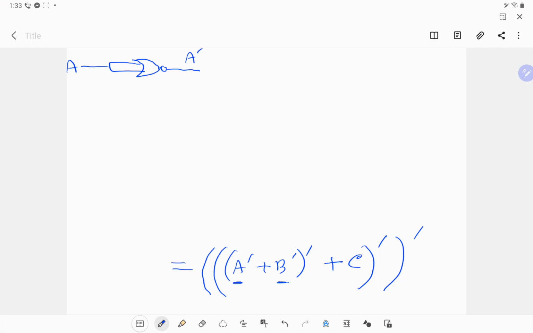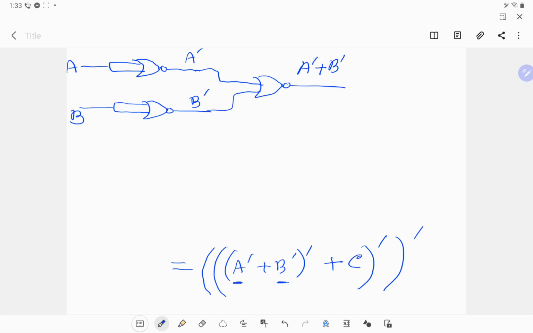Similarly, B prime, with the NOR gate, we have B, then B prime. So now A prime, B prime, whole prime. We need another NOR gate here, A prime, B prime. So now what do we get here? A prime plus B prime whole prime. So you got that piece.